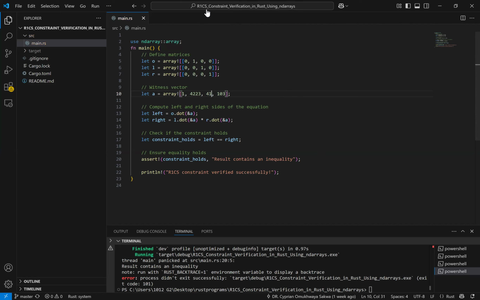Now, this was for a very simple example, and as we go forward, we'll be seeing how to do that. And of course, the only thing that will be changing is how to calculate O, L, and R, but how to come up with the witness is not. Of course, it will be changing depending on how many multiplications you have.